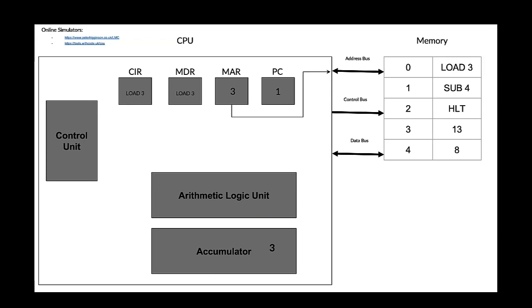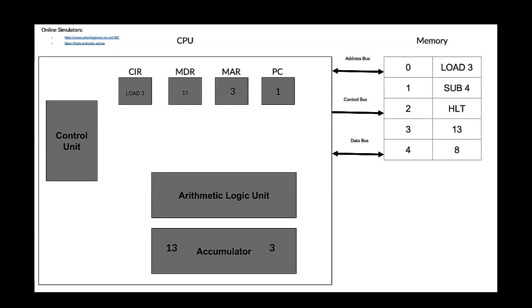The value of memory location 3 is sent back to the CPU and is stored in the MDR because it's data, not an address. Finally, the value is sent to the accumulator.